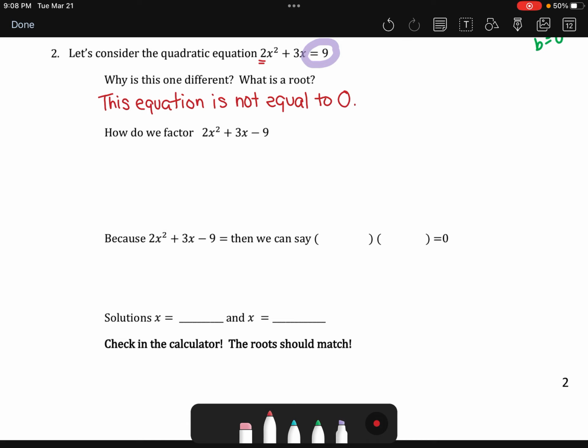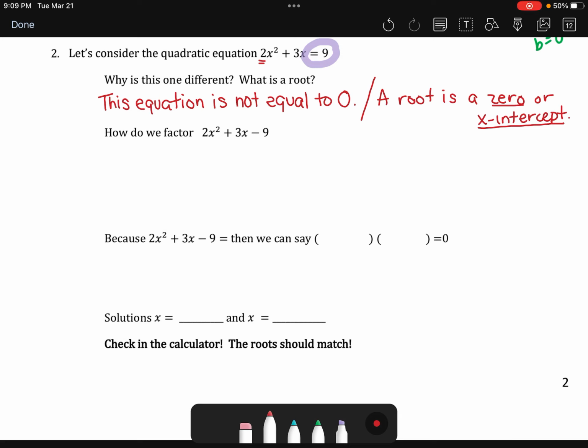And what is a root? A root is a zero or x-intercept. So we can't solve this equation the way it is.